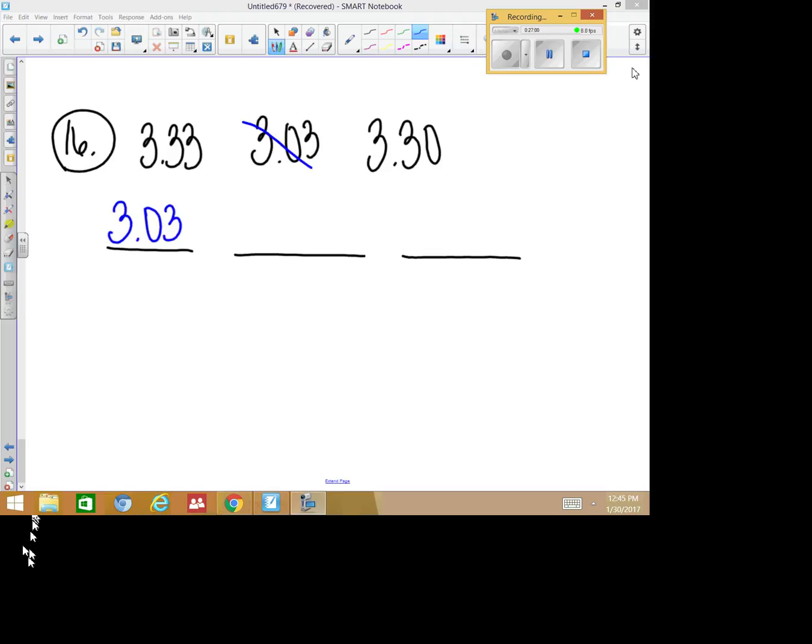Which one do you think is my biggest? Right. So obviously, this one goes in the middle. Do you see how 0.3 looks like this, right? 30 hundredths looks like that, and then 33 hundredths. So did we put them in order? Yeah? Alright. Now, I want you to look back on the first page.